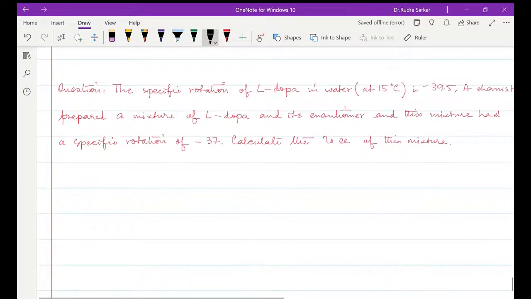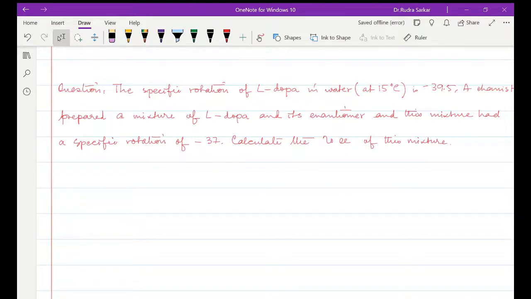Let's go for another problem in which it has been given that the rotation of L-DOPA in water is minus 39.5, and the chemist prepared a mixture of L-DOPA and its enantiomer, and this mixture had a specific rotation of minus 37.